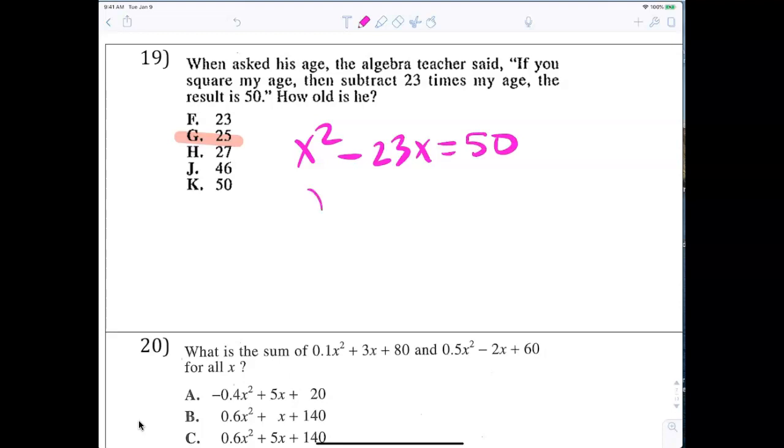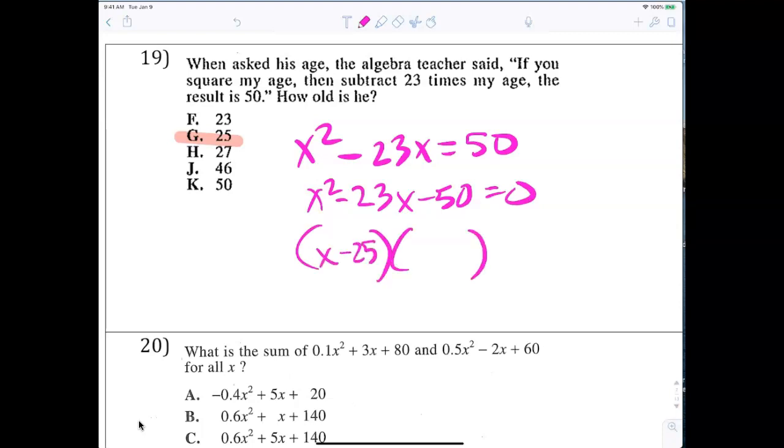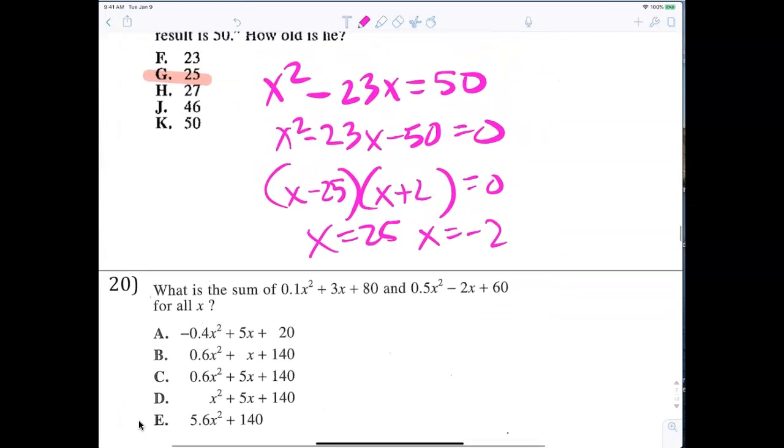And so now I want to set it equal to 0: x squared minus 23x minus 50 equals 0. You agree with that? You see it now? So that's how we got 25.